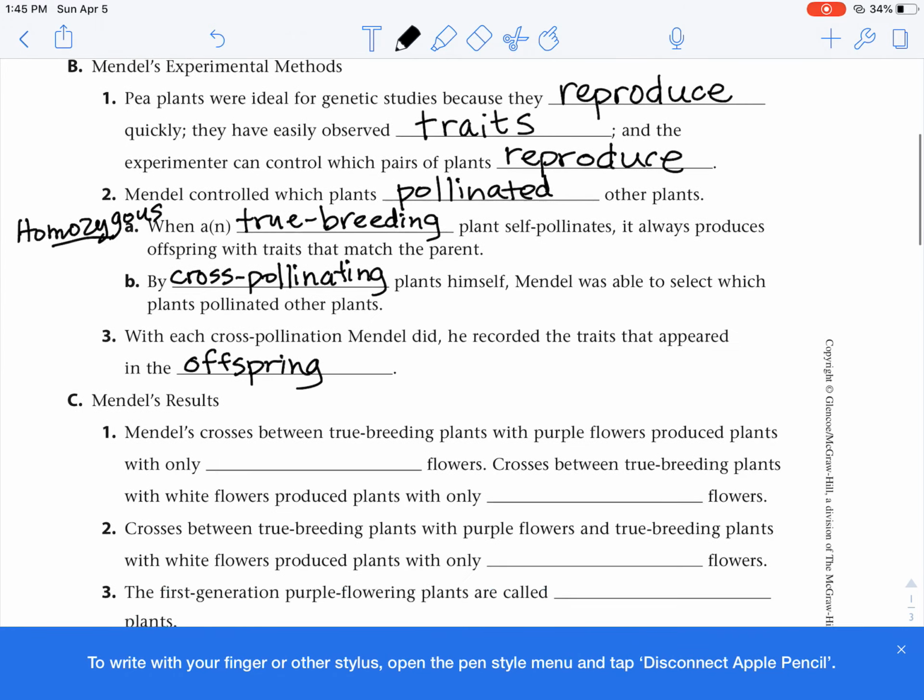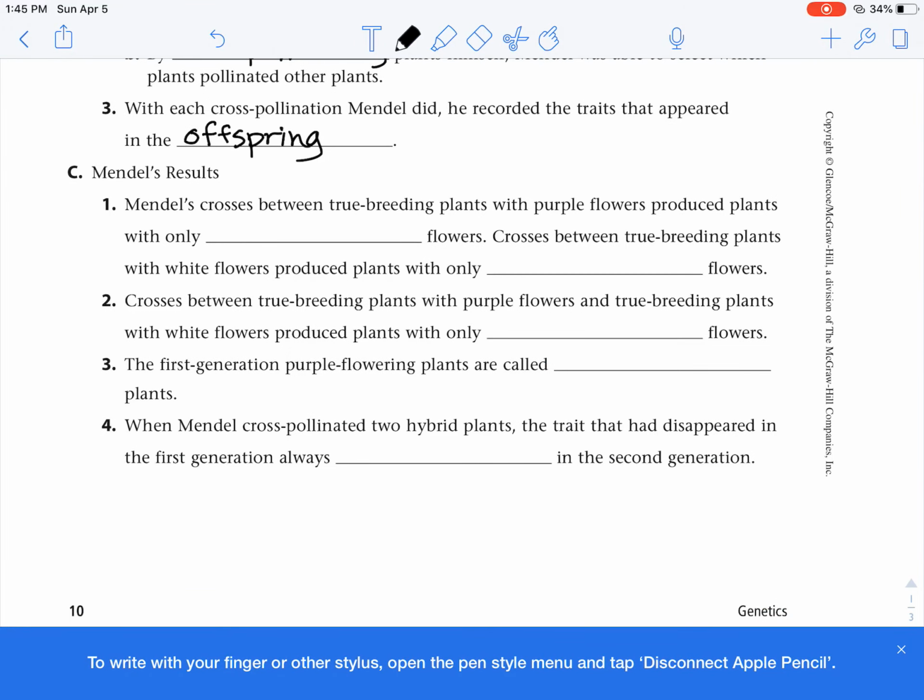All right, Mendel's results. Mendel's crosses between true breeding plants with purple flowers produced plants with only purple flowers. And crosses between true breeding plants with white flowers produced plants with only white flowers.